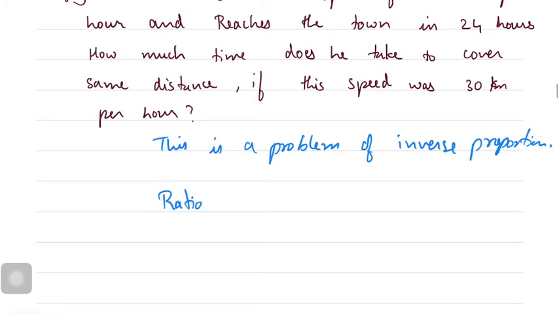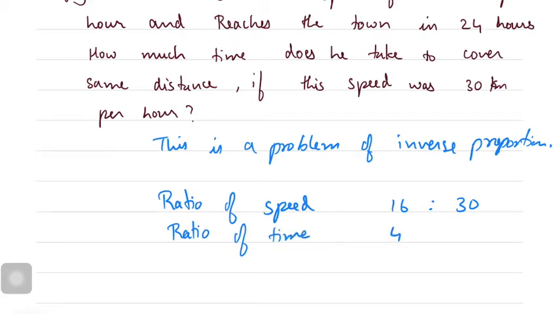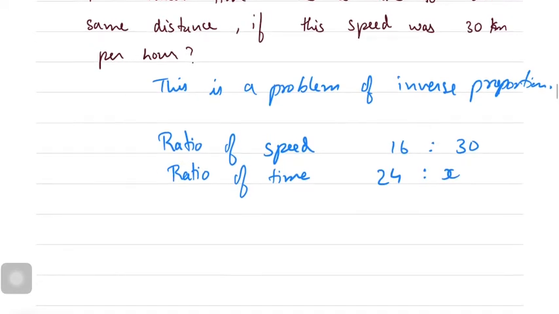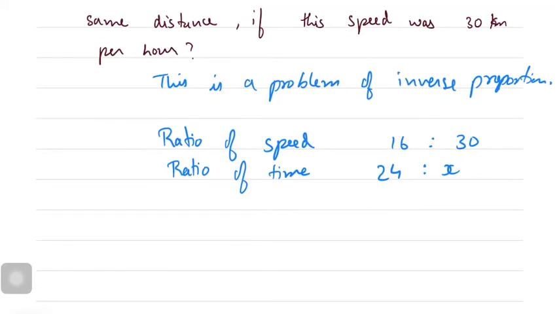The ratio of speed is 16:30, because speed is 16 kilometers per hour and 30 kilometers per hour. The ratio of time is 24:x, right?